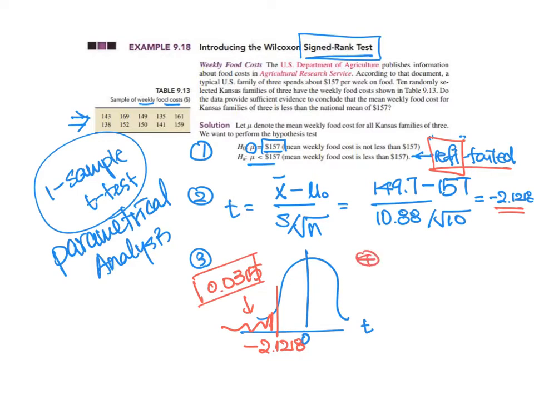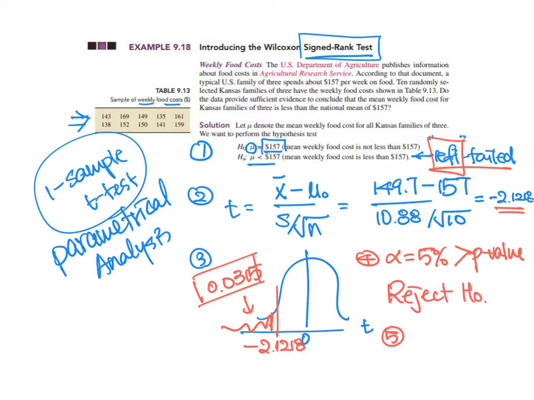Then we don't have the alpha, so let me give you the alpha, 5%. Absolutely the p-value is less than alpha, so we reject the null hypothesis.